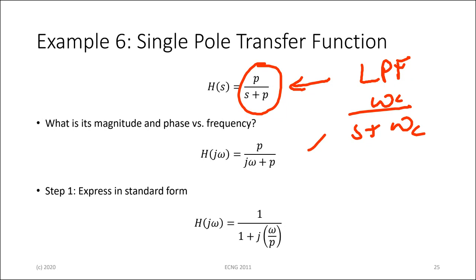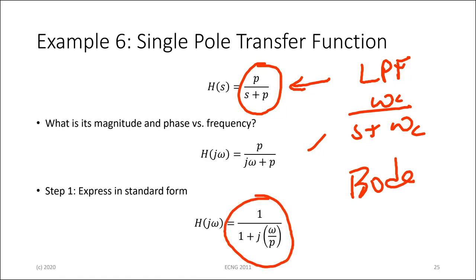So the transfer function now becomes P over j omega plus P. And for the purposes of plotting the straight line or the Bode plot, we have to express it in this form, and you'll see why in a second.